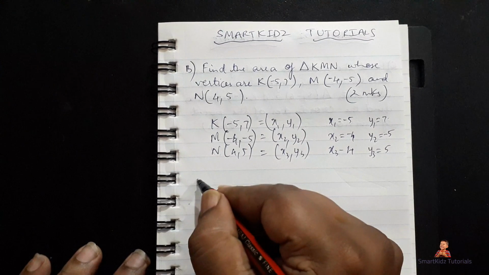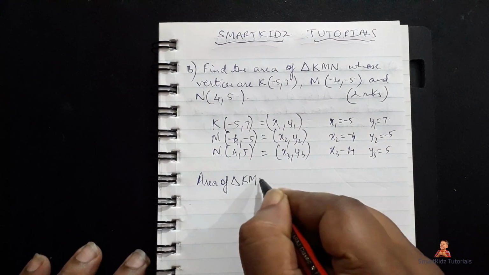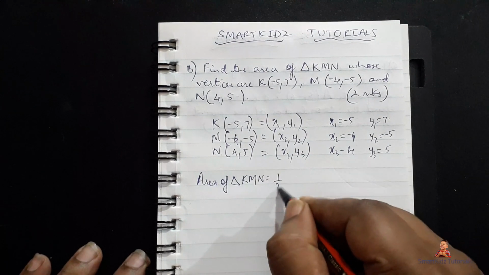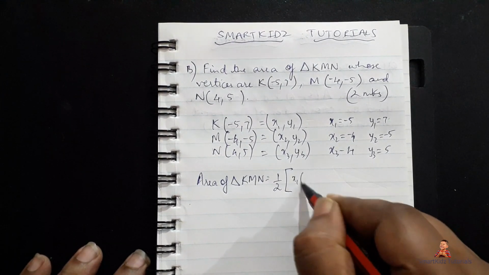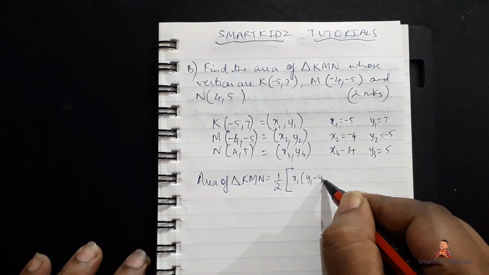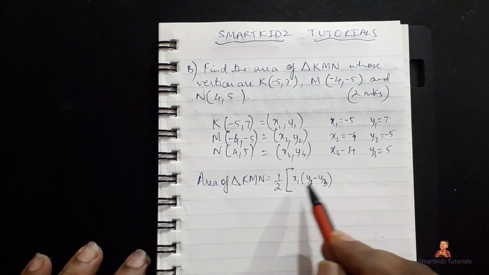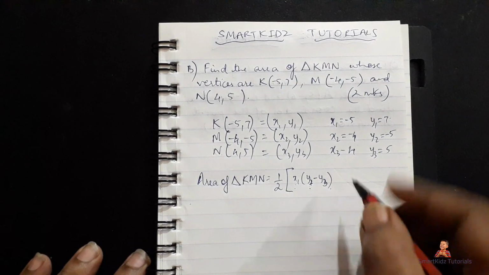So the formula for the area of triangle KMN would be given by half into x1(y2 - y3). So it goes in that 1 2 3, then 2 3 1 and then 3 1 2 format.